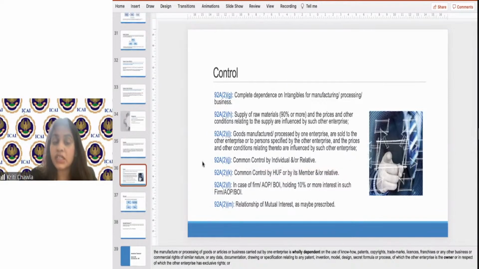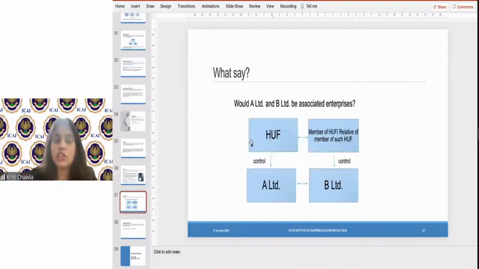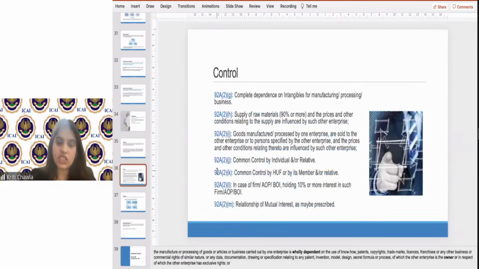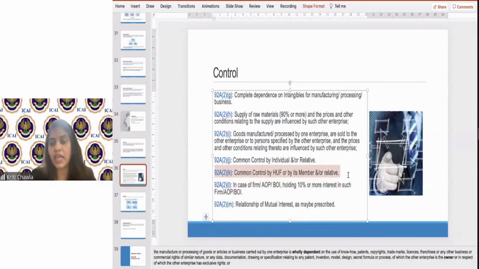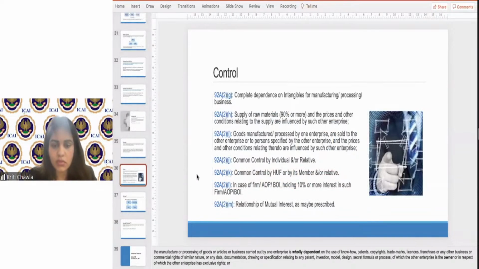So there is common control, and this common control is by the HUF and its relative, both of them together holding A and B. The HUF is controlling A and the member is controlling B. Now, because these two are related to each other, A and B will also be related to each other because there is common control by virtue of section 92A(2)(k). Yes, they will be deemed associated enterprises.